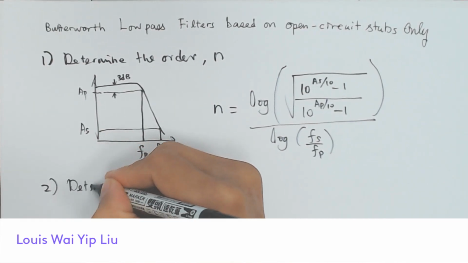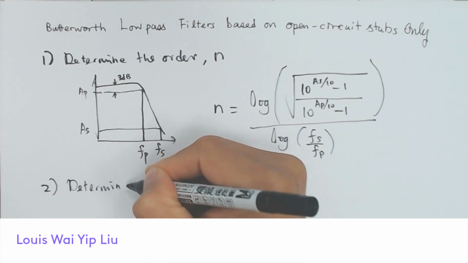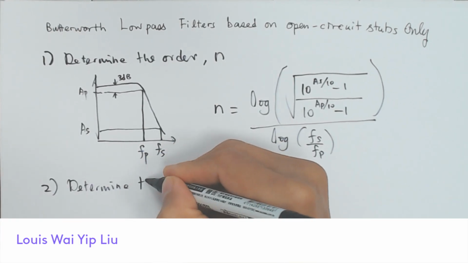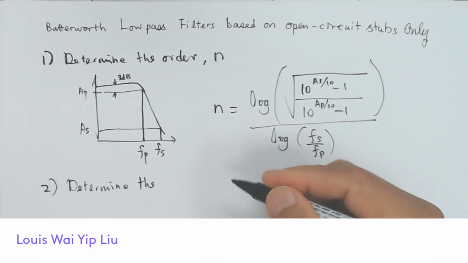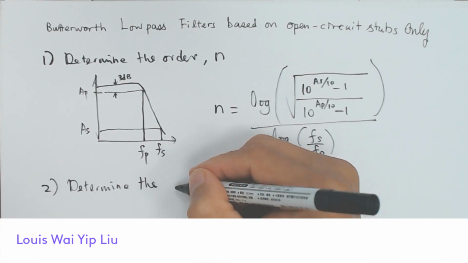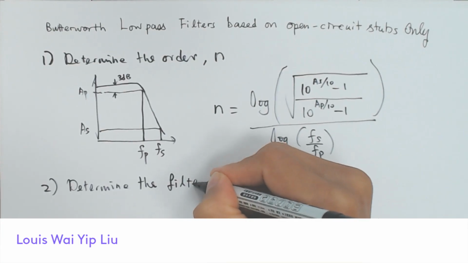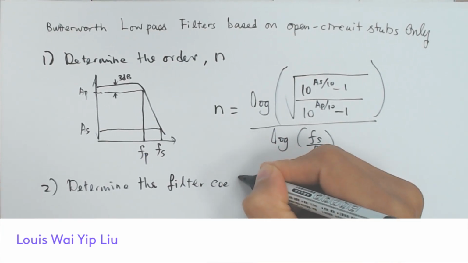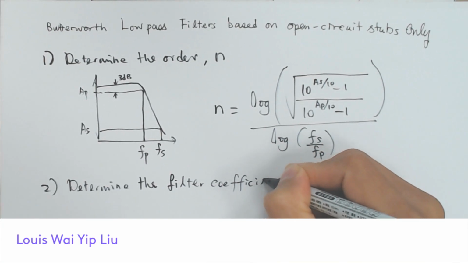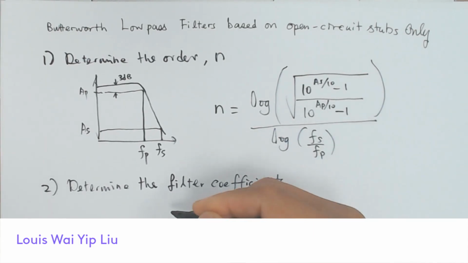For Butterworth filter, the coefficients can be either extracted from the prototype tables or equally you can use the formula.